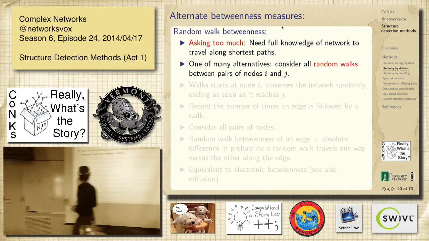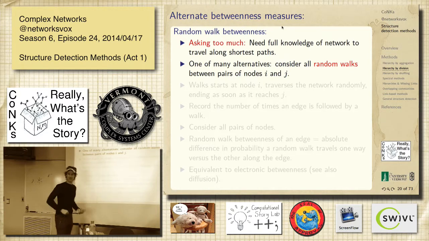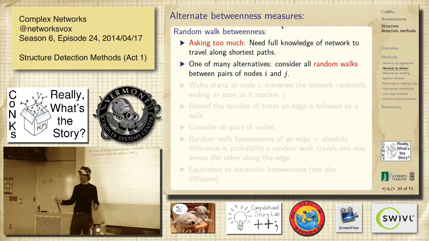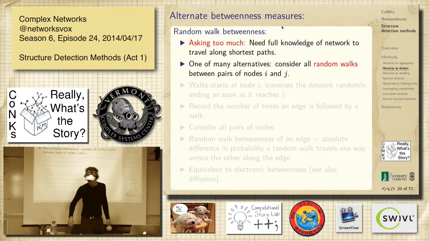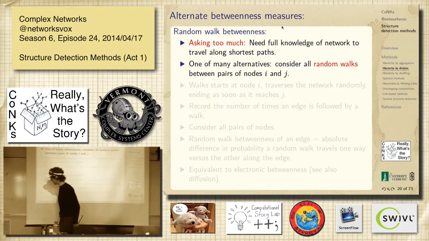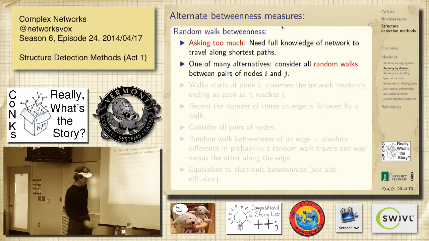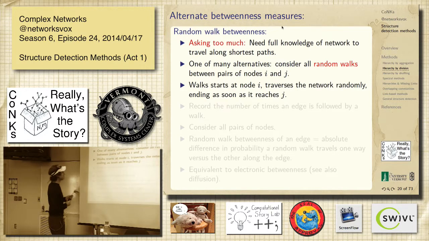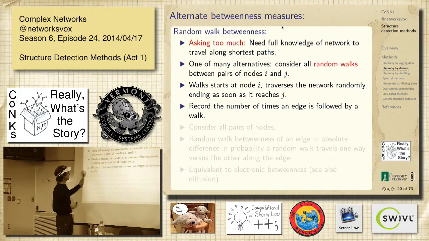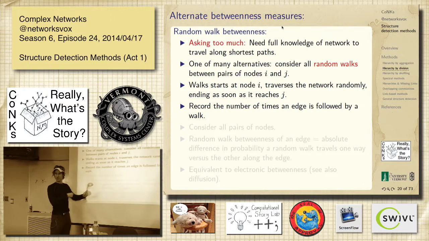Okay, so that's the difference. We're going to say I and J, we're going to let them run out, and they're going to disappear once they get to J. Which is ridiculous. And then we're going to take every I and every J. So it ends when it gets to J, and then we record the number of times that each edge gets traversed.